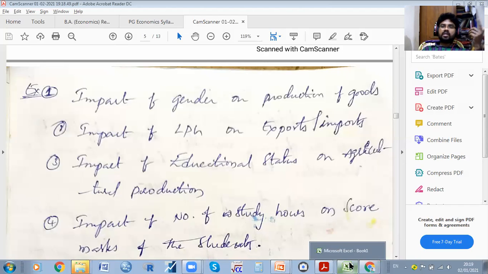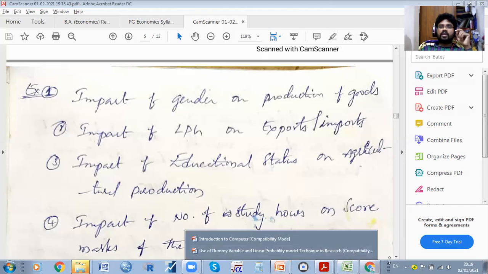Absence and presence: if you study less than 8 hours, you may treat it as 0, and if you study more than 8 hours, you treat it as 1. Or for example 5 hours: if you study daily 5 hours, you treat it as 1. That tells whether these 5 hours impact our marks or not. Such things we will do using dummy variables.